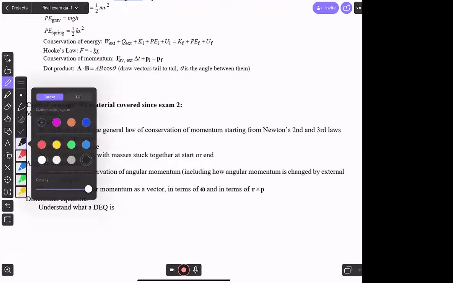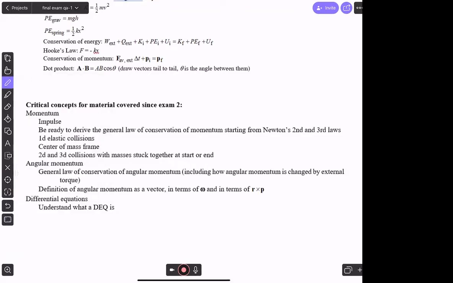Sure. So the general law of the conservation of momentum is that the total momentum of a system initially, plus the average external force times delta t, is the total momentum finally. And so this is the impulse.